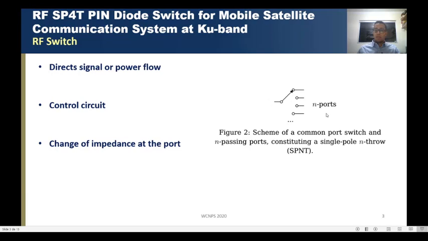On the right side, we have a single pole N throw switch. The N is due to the number of ports which can be selected.